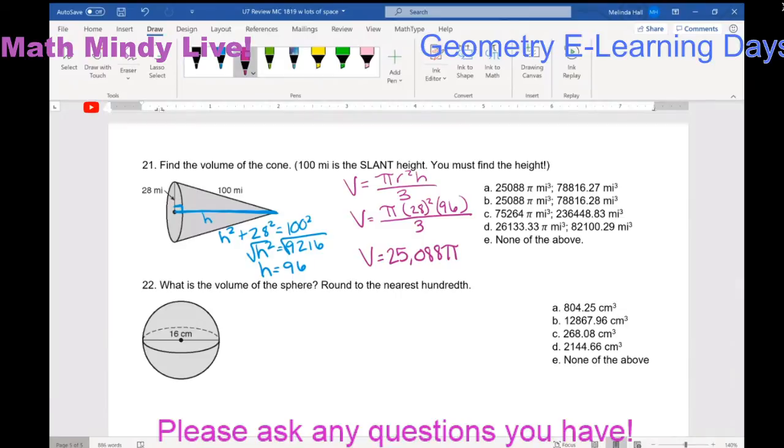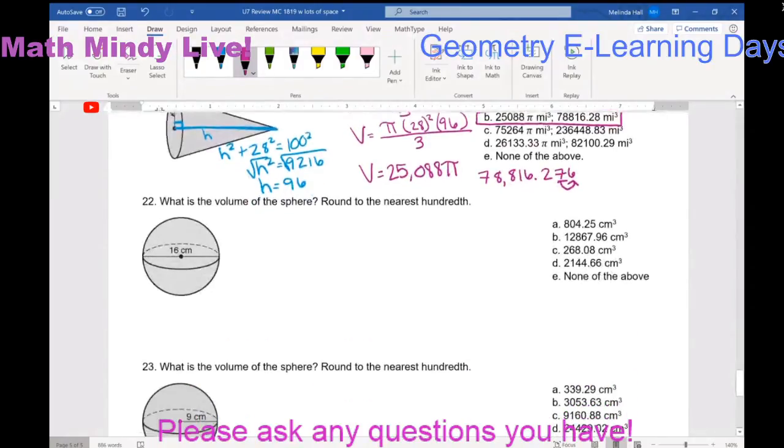Or when we multiply pi in, it is 78,816.276. Again, we look at the 7 since we're rounding to hundredth, and that 6 tells us to round up. And so that would mean we have answer B again. Okay.